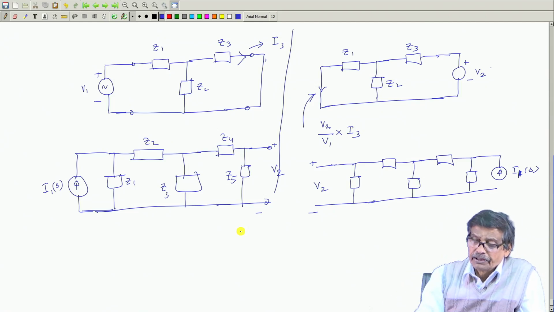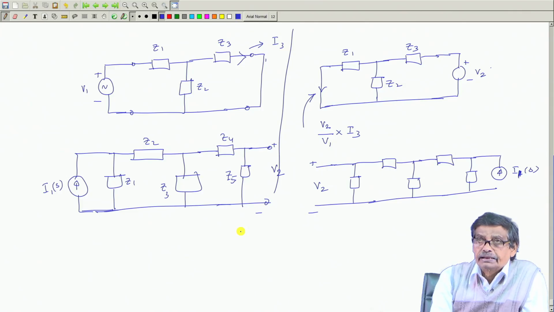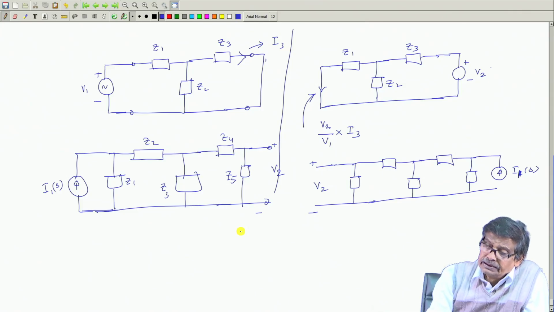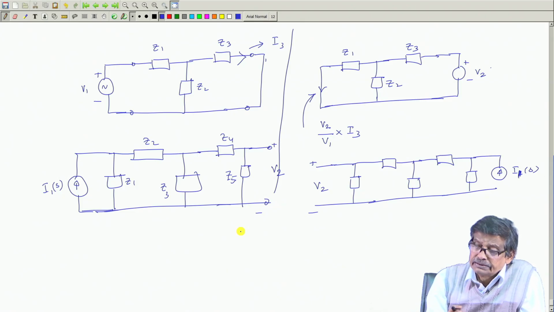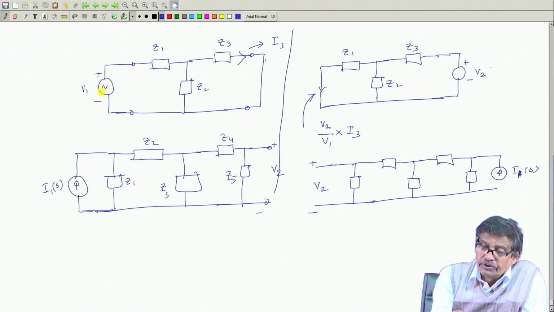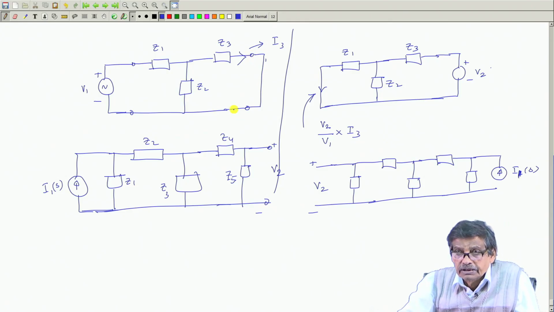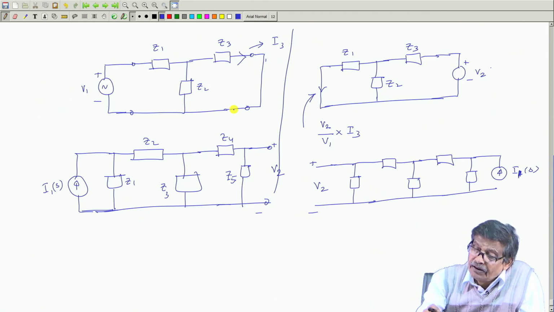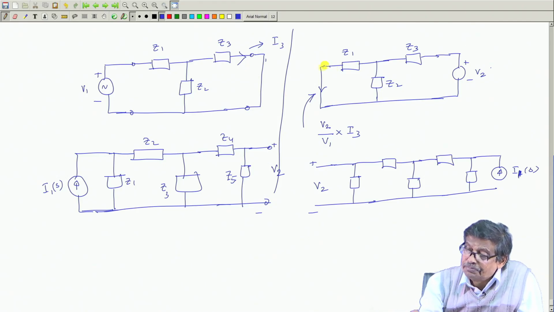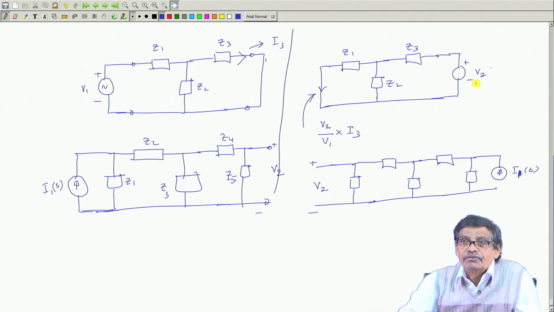Therefore, the reciprocity theorem, I hope you have understood the simple idea: in a linear network like this with no initial conditions, if you have applied a voltage V 1 between 2 points and you are examining the current flowing through another 2 points when they are shorted, then instead of applying voltage here, if you short it and connect the voltage source there, in this branch the same current will flow.